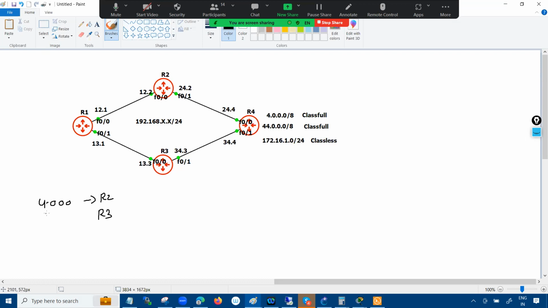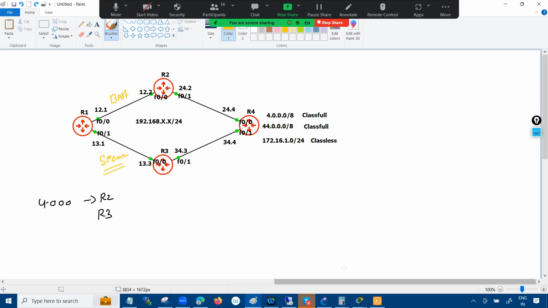What I want right now is to make this interface the best path and this one the second best path. The reason is that I want all the traffic to go through router number 2 to this network. If router 2 goes down, then it will choose the path through router 3. I want to do path manipulation right now. I want to change the path for this one. How do we do that?